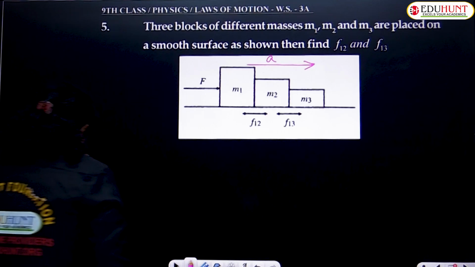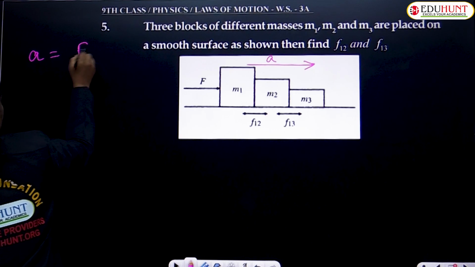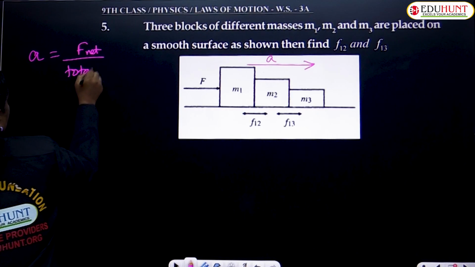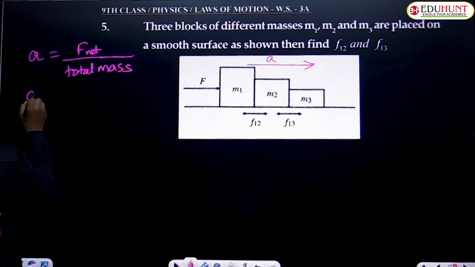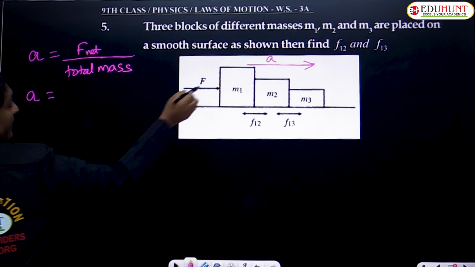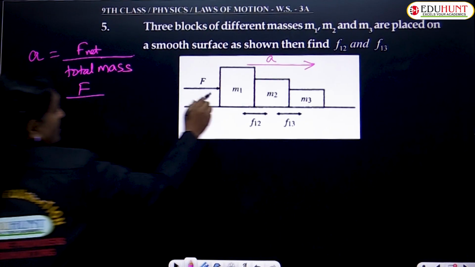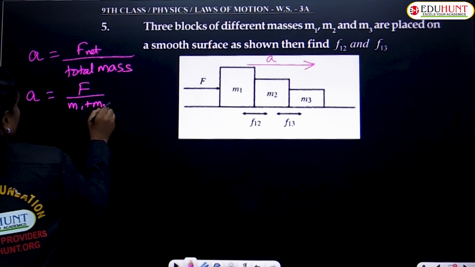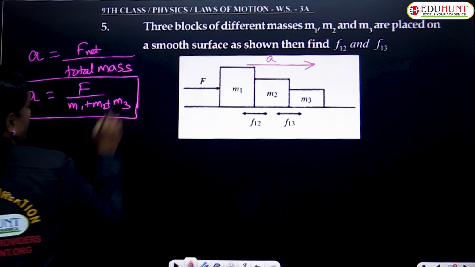We know that the acceleration of the system A is equal to the net force acting on the system divided by the total mass of the system. The net force acting on the system is F, and the total mass of the system is M1 plus M2 plus M3. This is the acceleration of the complete system.